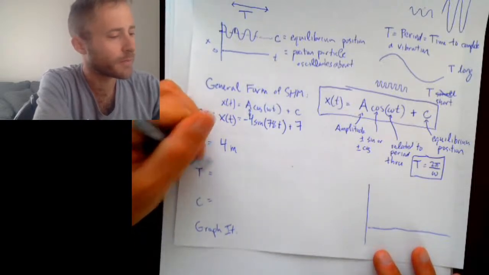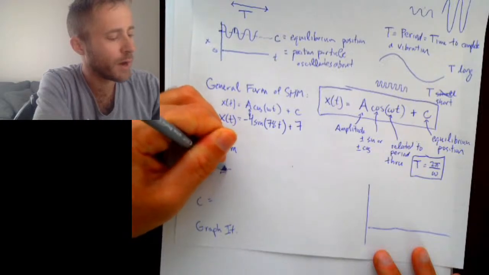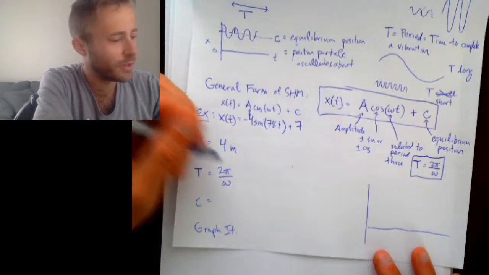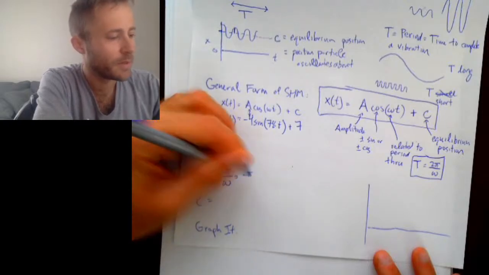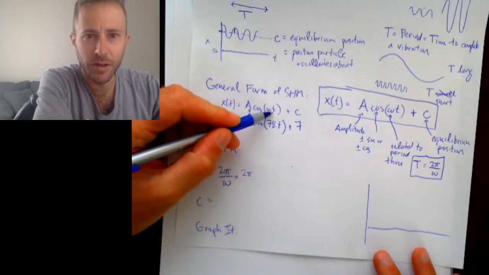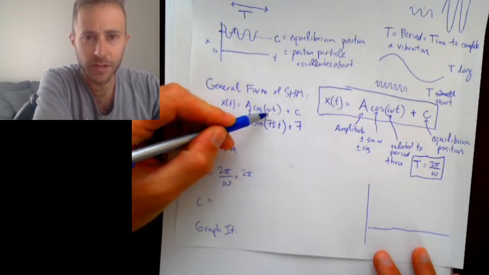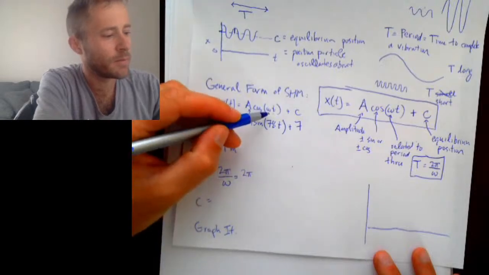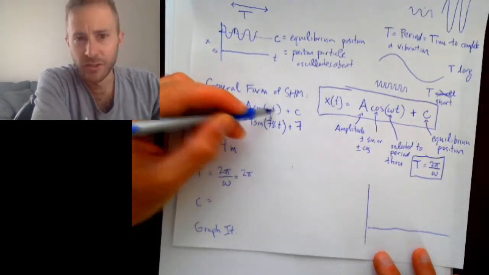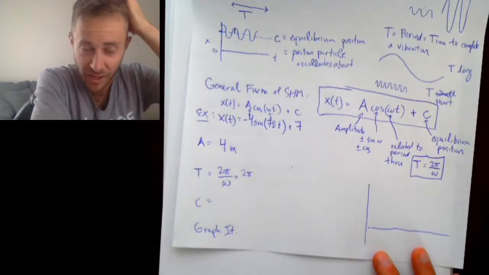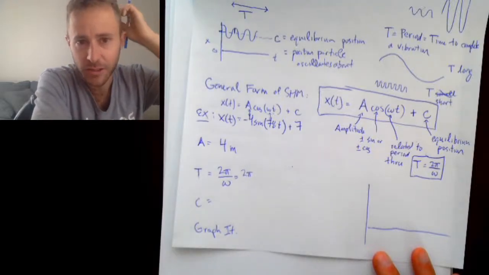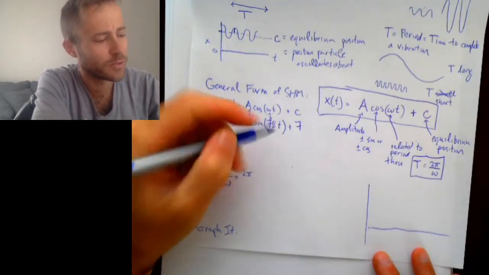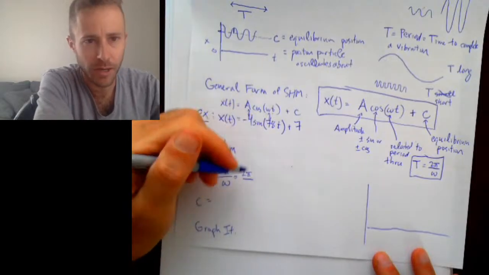The period is 2 pi over omega. And we can see that omega is the number that is multiplying time. Lowercase t is time, uppercase T is period. And so we can see that 78 is omega.